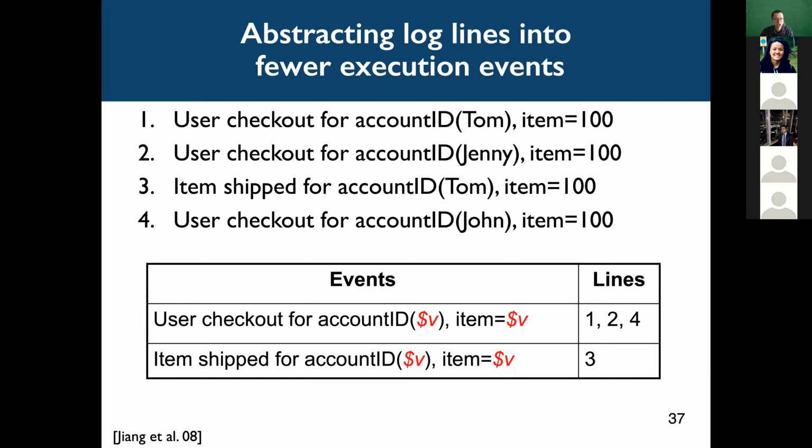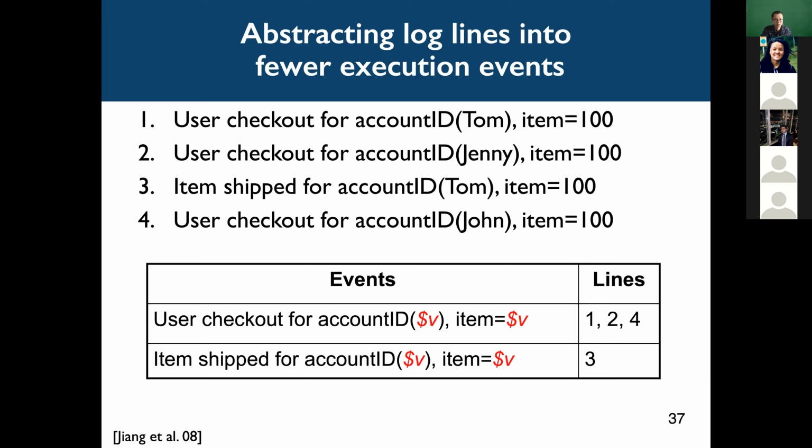The first event is user checkout for account with a variable value, item equals to a variable value. It is associated with log lines 1, 2, and 4. The second log event is item shipped for account ID, item equals to a variable value. It is associated with line 3. So this is the task of log abstraction.